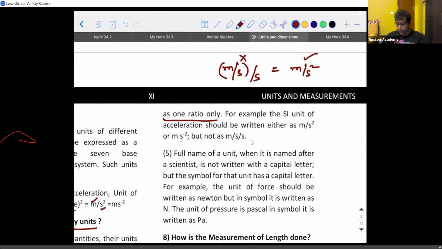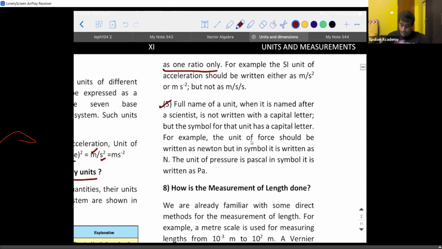And the last point is, the full name of a unit when it is named after a scientist, like how I spoke Ampere, Newton, Kelvin, your Tesla, Weber, all these things, they take the capital form only in the symbol, but when you write it in the full form, they are not written in capital.